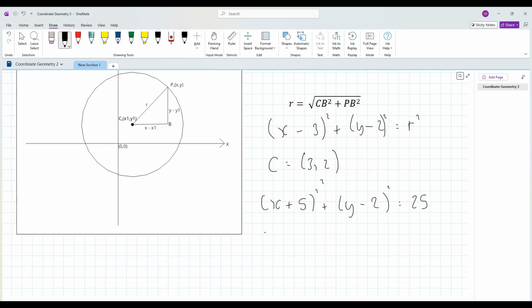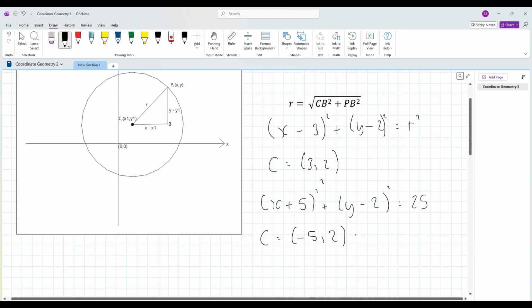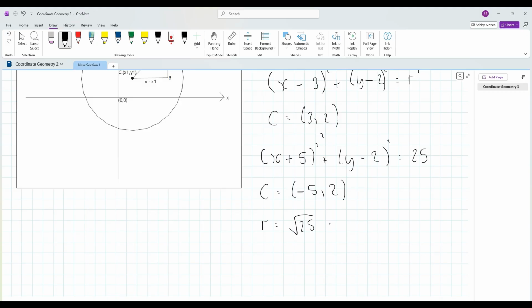So the centre in this case is nothing but minus 5, 2. Now, what is the radius? If we look at the formula for the equation of the circle, the radius is r squared. So we're given this as 25. So the radius is r equals the square root of 25 equals 5.